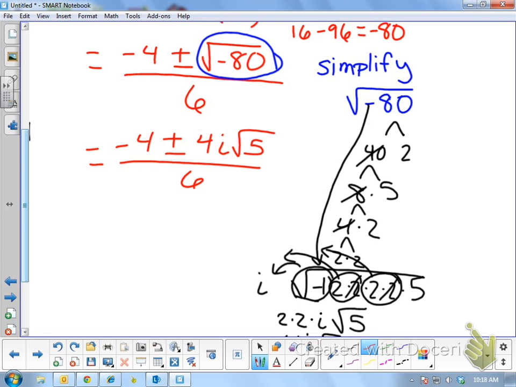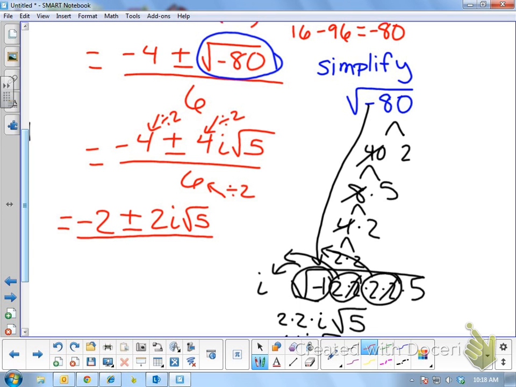We look at these 3 numbers, and if they have something that divides into all 3, we do that division. What would divide into a 4, a 4, and a 6? A 2. So I'm going to divide all of them by 2. It has to be the same thing that you're dividing into all of them. So our final answer will be negative 2 plus or minus 2i square root 5 all over 3.